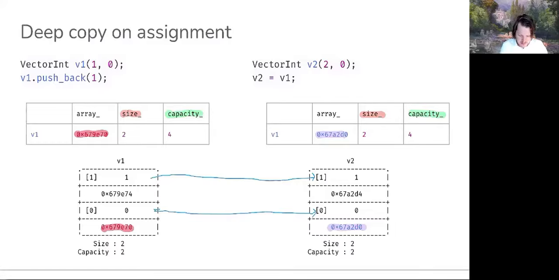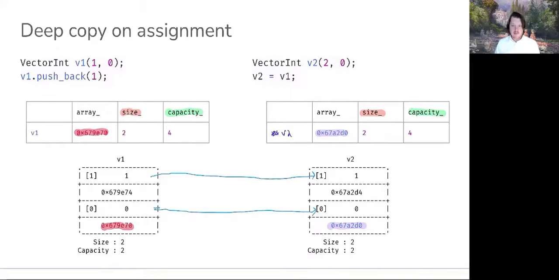And we have this silly issue again, where this should have really read v2. So again, the consequence here is that at the end of this assignment operation of assigning v2 = v1, we can see here that the composition of these two objects is more or less identical. They look the same. They have the same capacity.